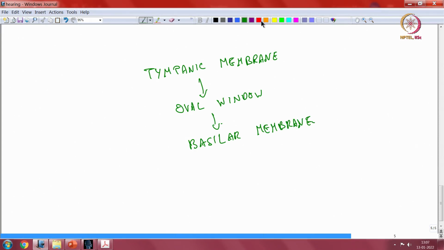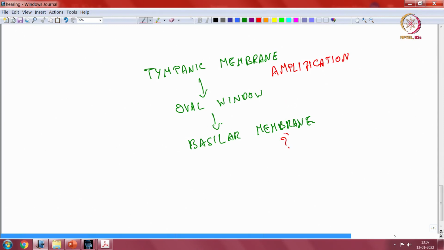If you look at what is done over here, it is amplification. Then from oval window to basilar membrane, there is also something else which is happening over here.